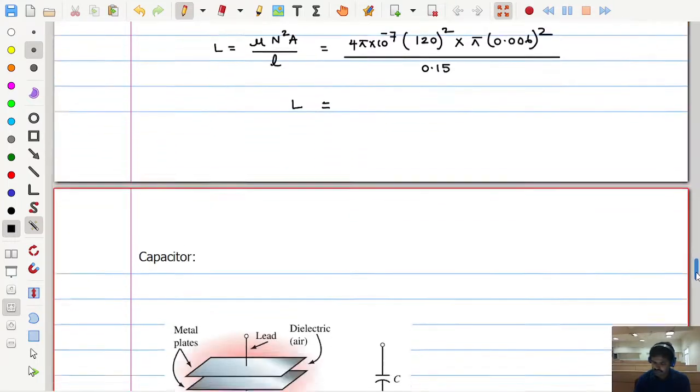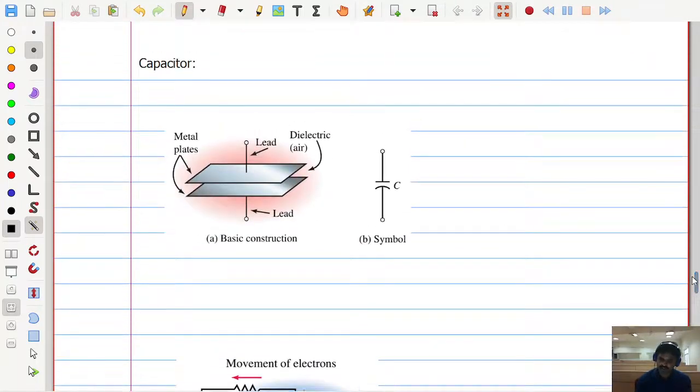So let us see the next topic, which is the capacitor. We quickly see the important characteristics of this device also. As with the inductor, you can make a simple generalized demonstration of the capacitor.